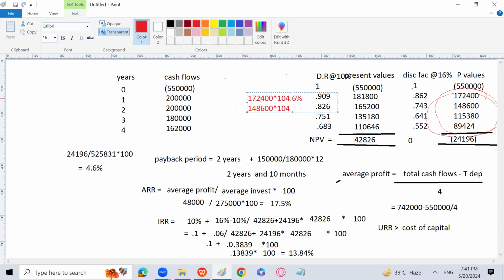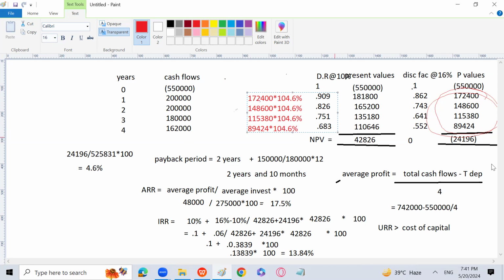That is one and the same thing, if you have studied math. 104.6%, same. 115,380 multiplied by 104.6%. Sir, how will 104.6% come? I will calculate again, don't worry. 89424 multiplied by 104.6%.